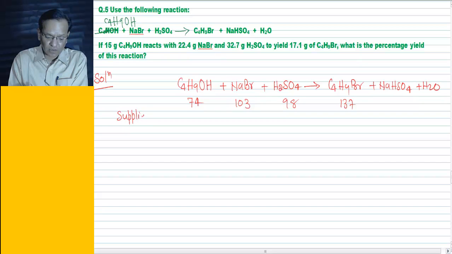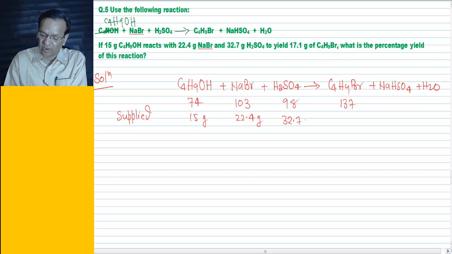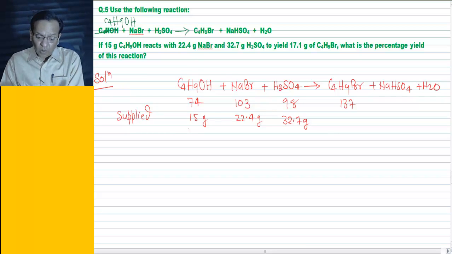Supplied is 15 gram, the other one is 22.4 gram, and the last is 32.7 gram. Now out of these three, which is the limiting reactant?